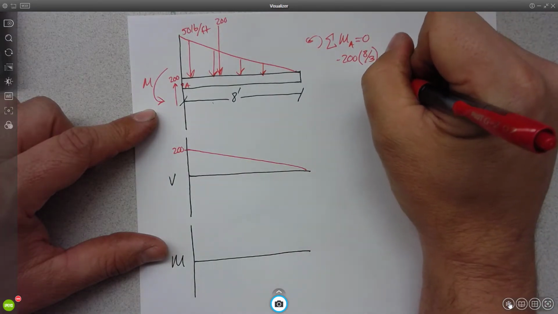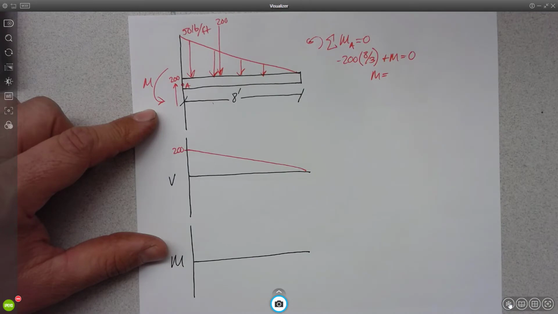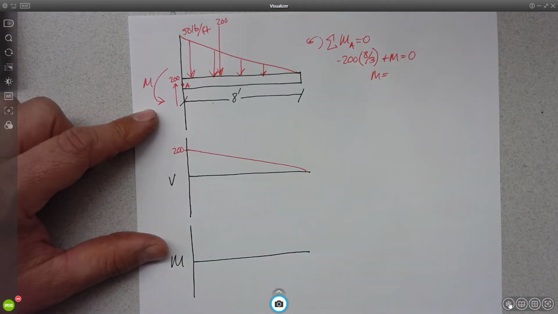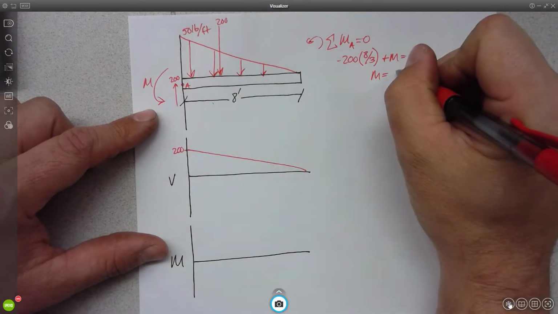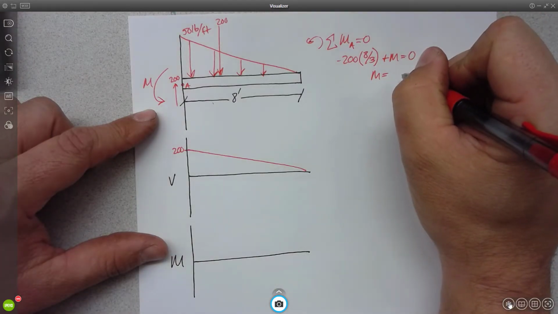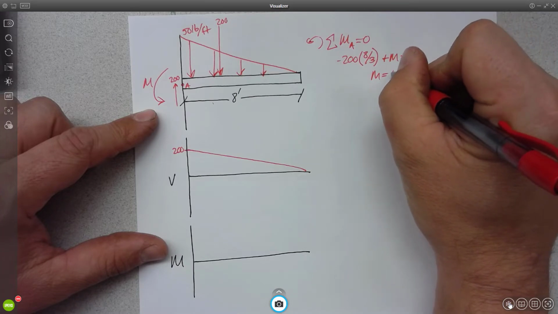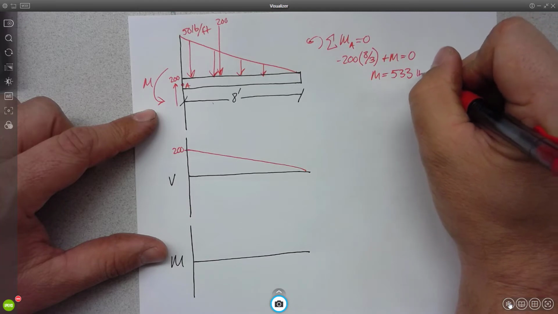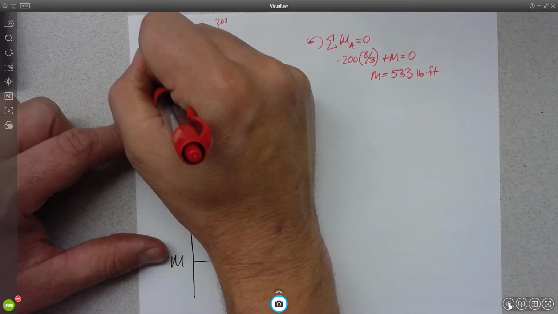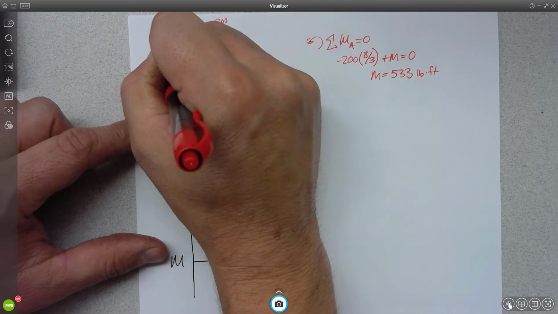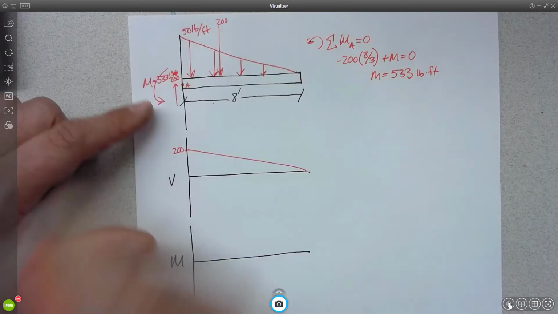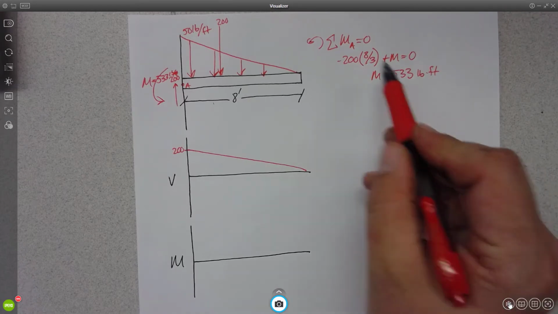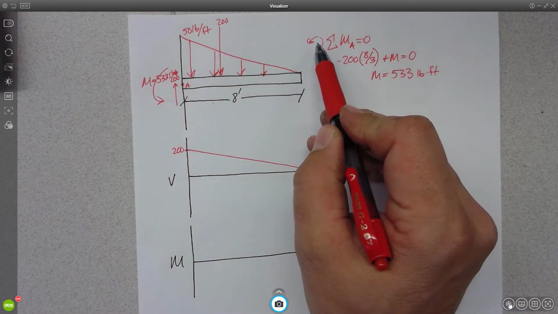So there is, to start with, a moment of 200 times 8 divided by 3. 533? Yeah, it is. 533 pound feet. Okay, so that's right here. Positive or negative? Positive in this direction.